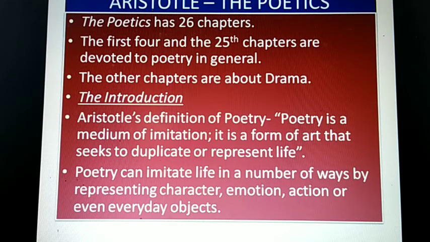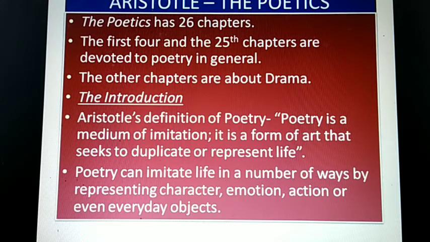And he says that he will also speak about anything else that might come up in his address of the above topics, like the different kinds of poetry and the structure necessary for a good poem.